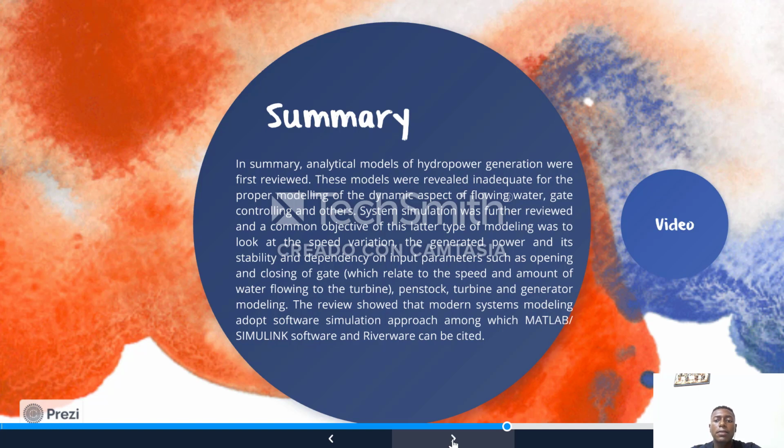System simulation was further reviewed, and a common objective of the latter types of modeling was to look at the span variations of the generated power and its stability and dependency on input parameters such as opening and closing of the gate, which relate to the speed and amount of water flowing to the turbine, penstock, turbine, and generator modeling.